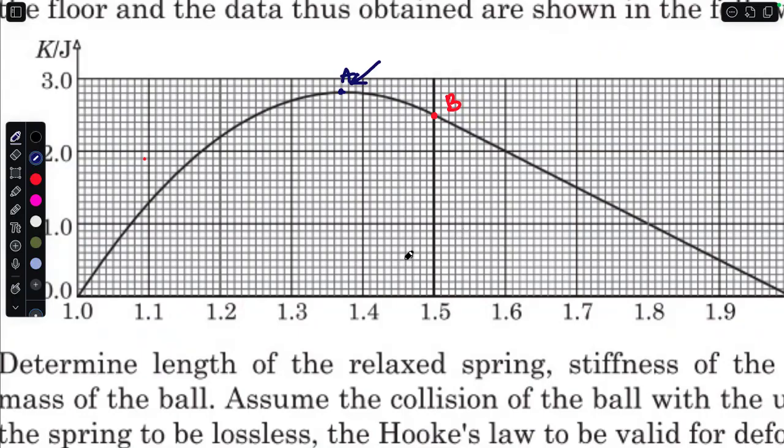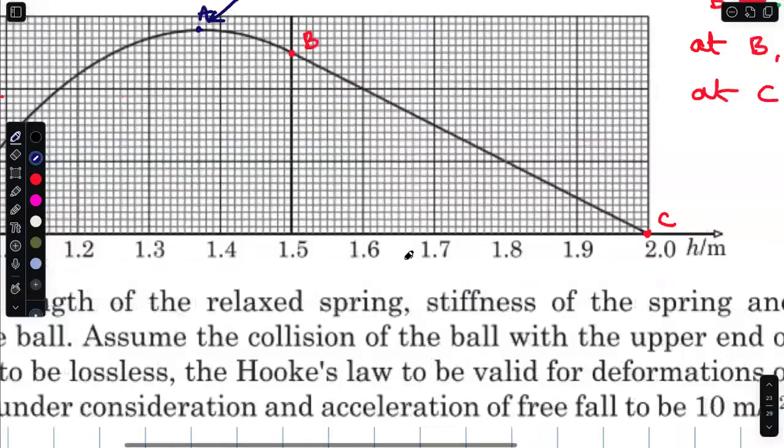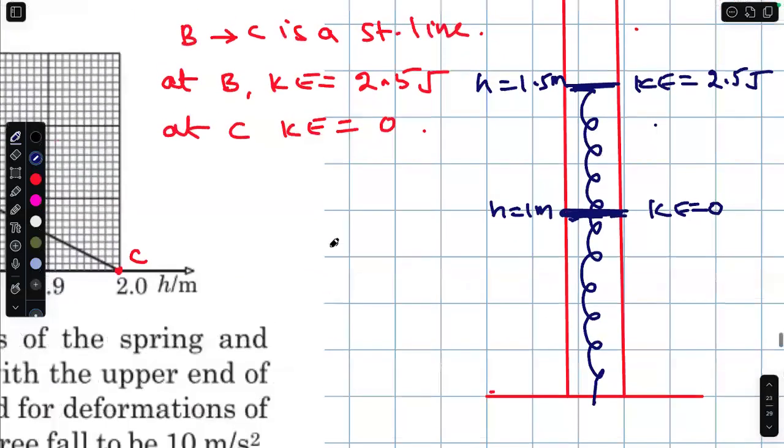Kinetic energy is maximum at that point. Nearly around that point, it is maximum. But okay, fine, no issues. I'll use this relation actually. I'll compare the energy conservation at these two places. I know clearly the spring is compressed by 0.5 meter.